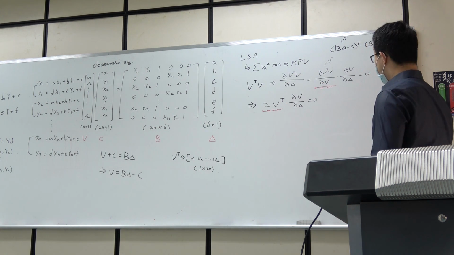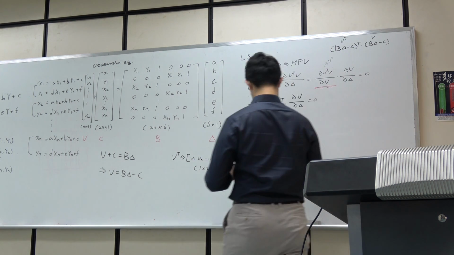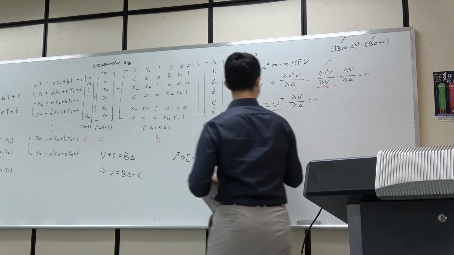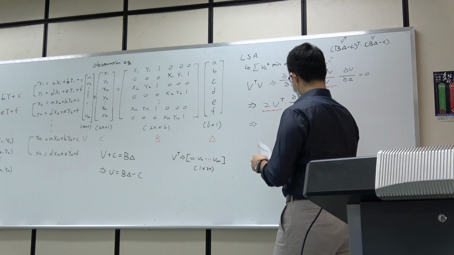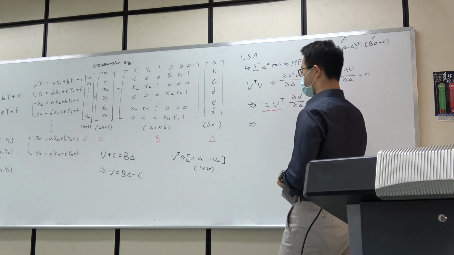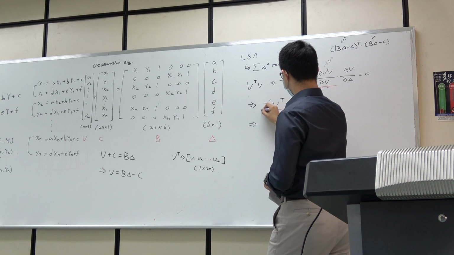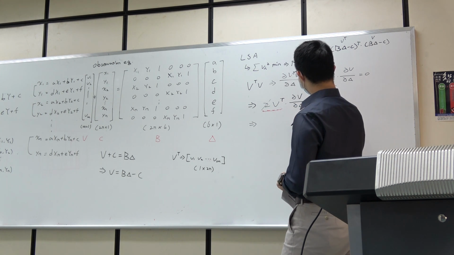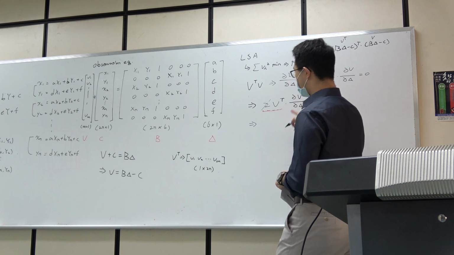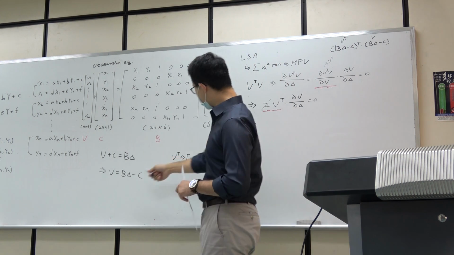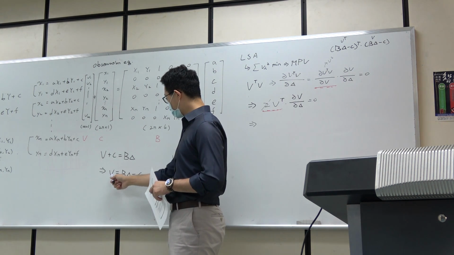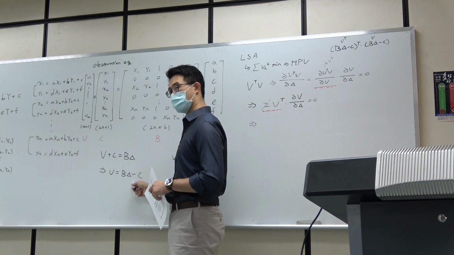Okay. So let's take a look. Next one. So the 2 can be removed because this is equal to 0, so the 2 can be removed. And right now, if I take the derivative over here on this term, then as you can see, v equals b delta minus c. Right? v equals b delta minus c.